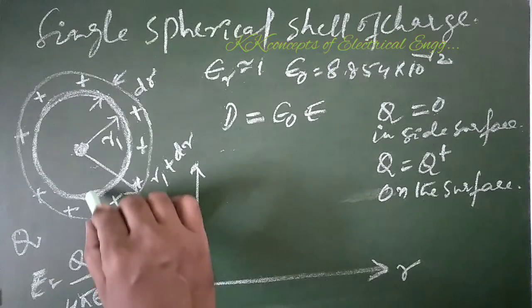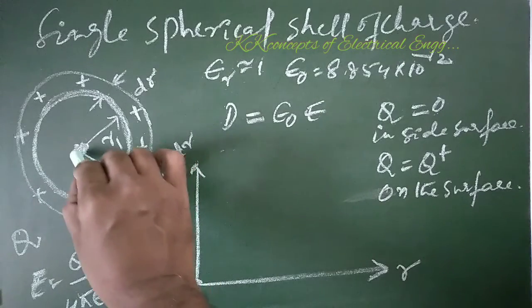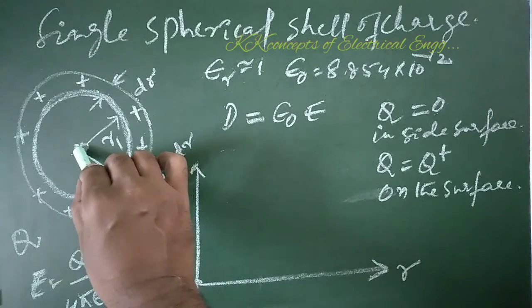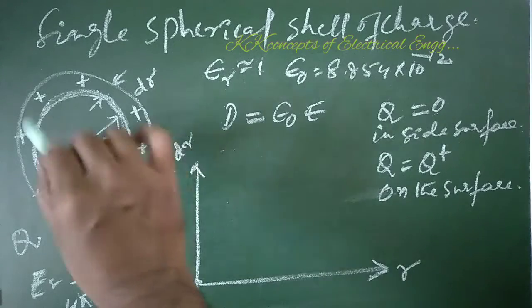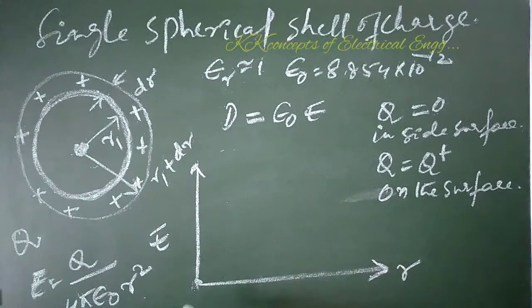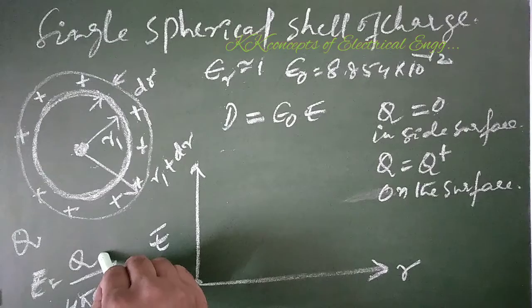The charge is on the surface and we want to find the electric field intensity at the center of the sphere. This is an imaginary sphere. So R is equal to 0. Then when R equals 0, what happens to E? E will be infinity.